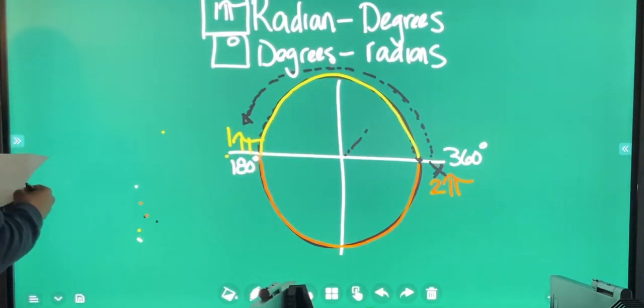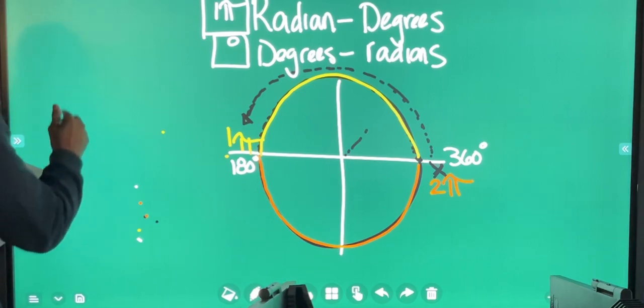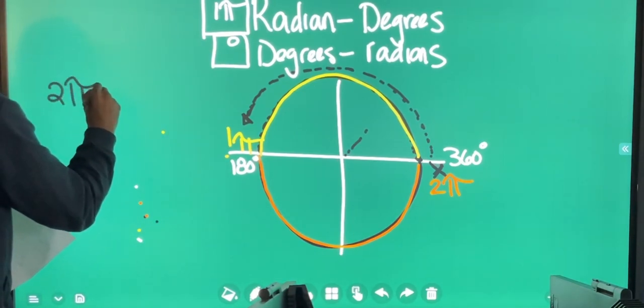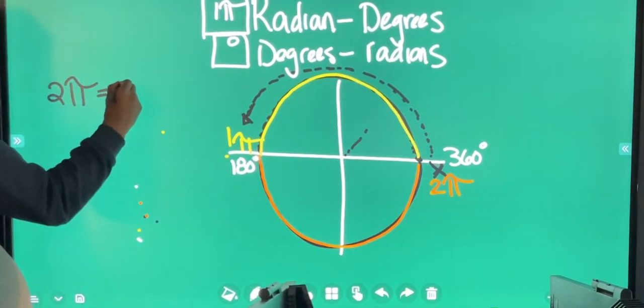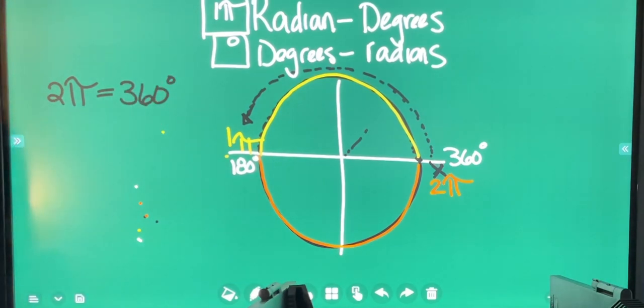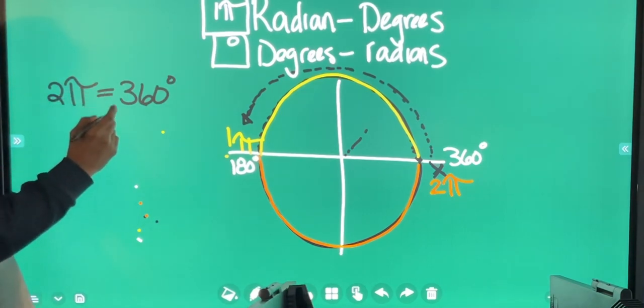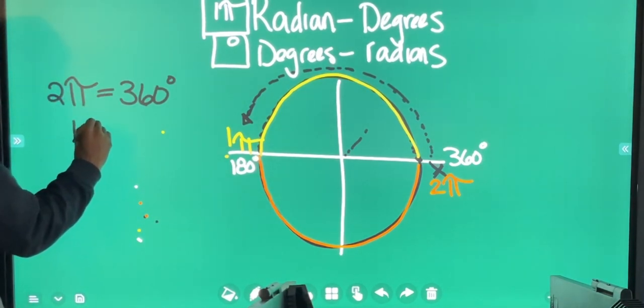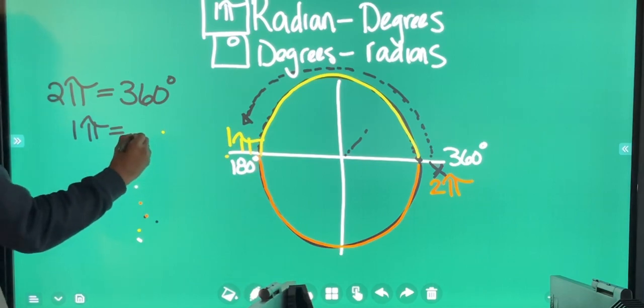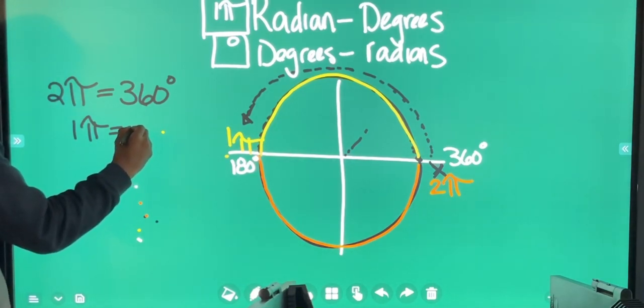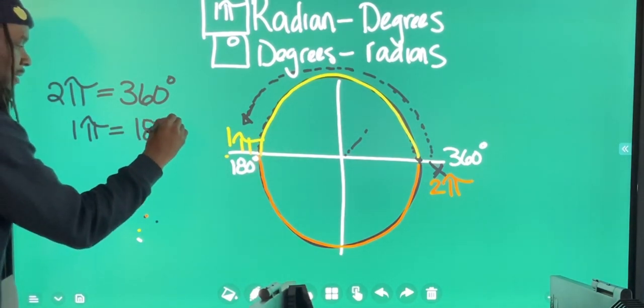We can put this down: 2 pi equals how many degrees? 360 degrees. And we can also tell that 1 pi is equal to 180 degrees.